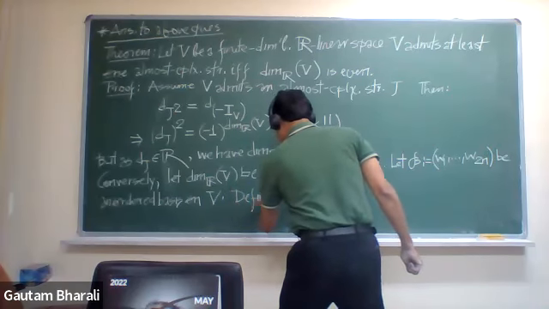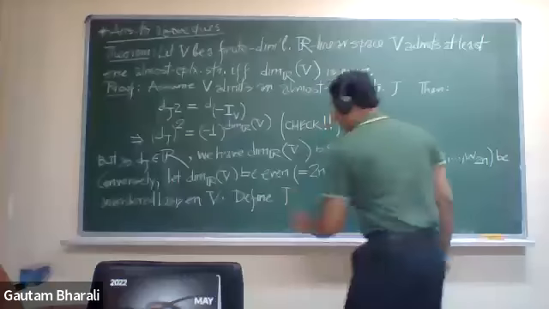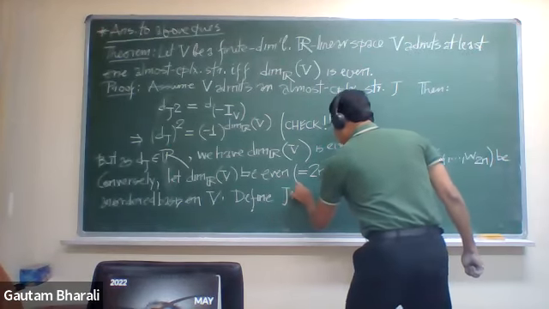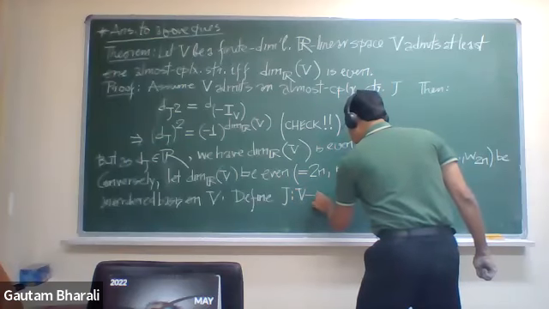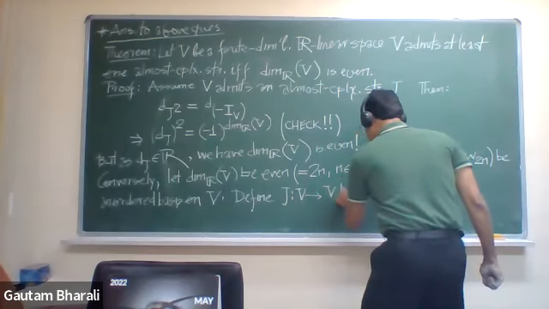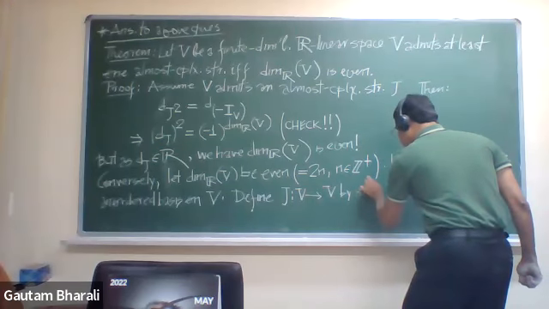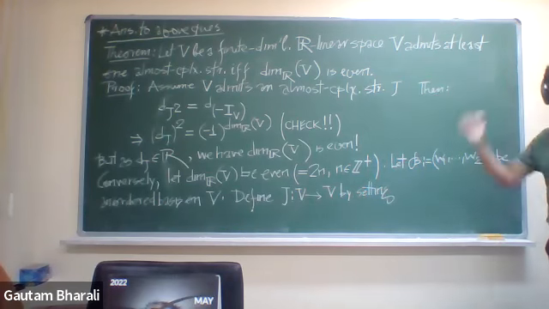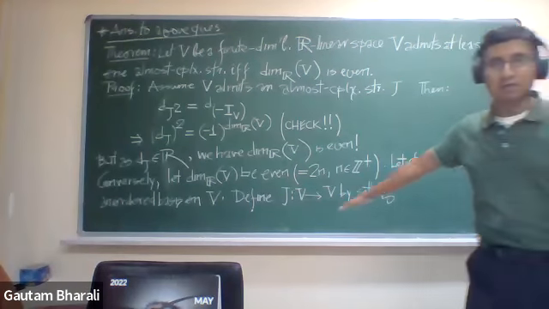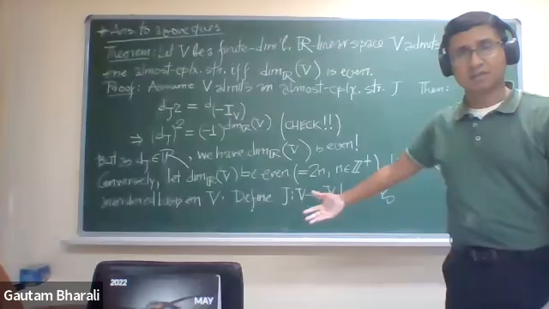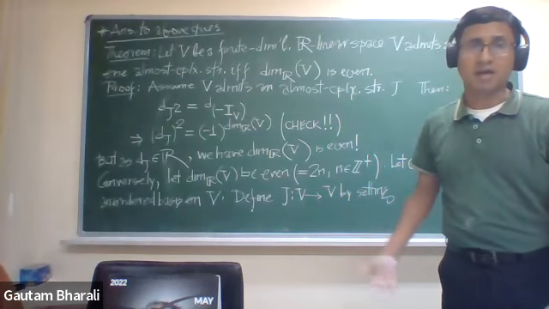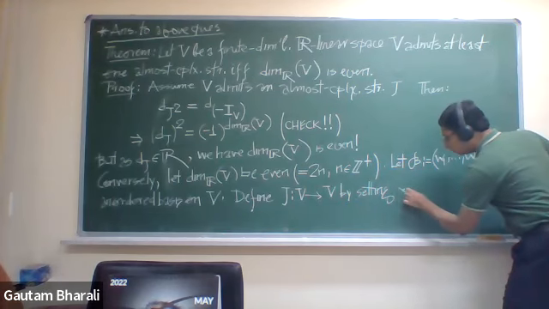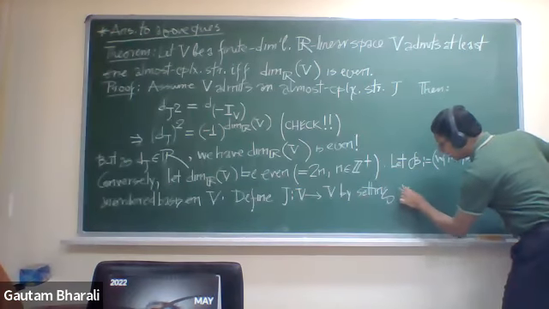I have to produce at least one complex structure map. So define J from V to V by setting values on a basis. All I have to do is define the values of J on a basis, and if I extend R-linearly, I am done. So this is what I'm going to do.